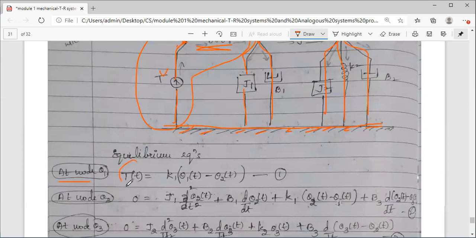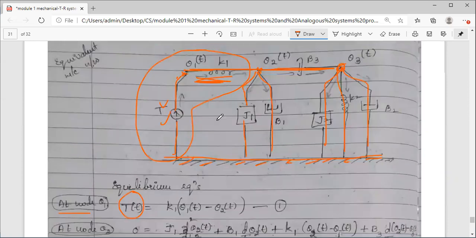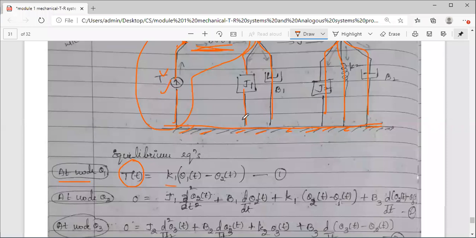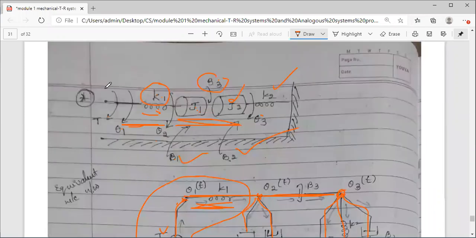So torque is equal to K1, which is between 2 nodes, theta 1 minus theta 2. This is the only value we get in equation 1 because no other elements are connected. For theta 1 you have only the applied torque and K1, the spring between theta 1 and theta 2.